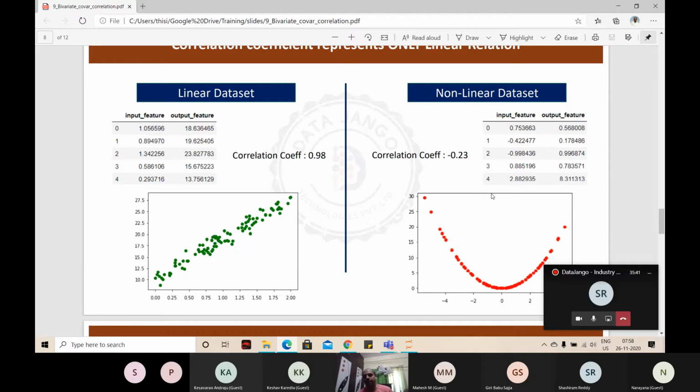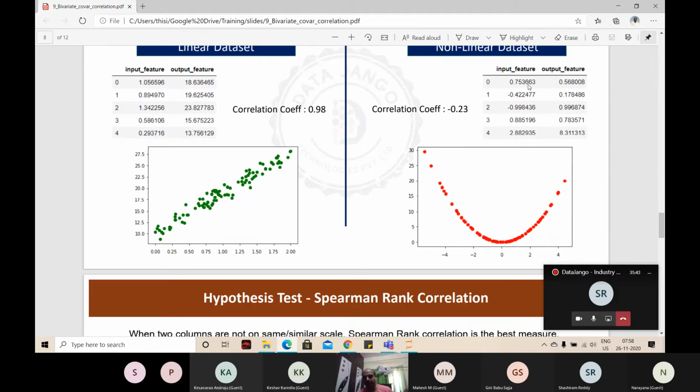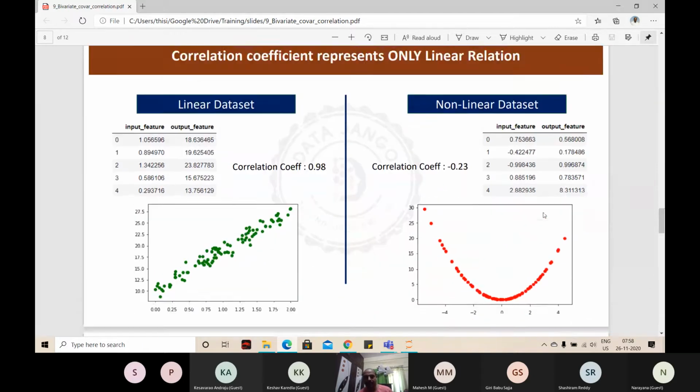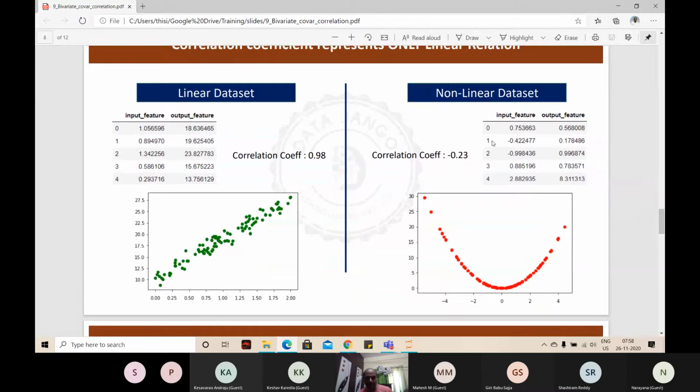Okay, I have taken one more data set where the data is not linearly related. If one is increasing and the second is strictly increasing, we say linear relationship. If you look at this data set and the scatter chart, for some time when one is increasing, the other is decreasing.